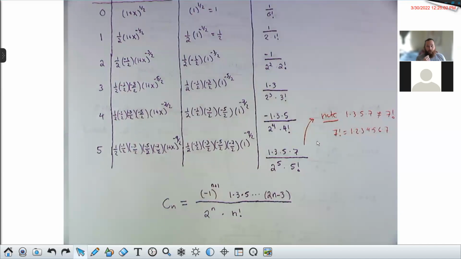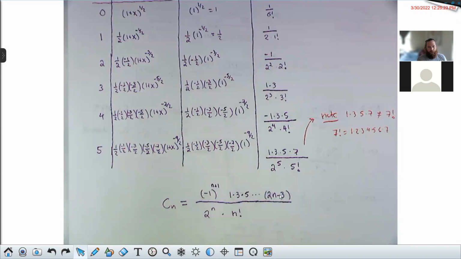And that is your formula for the nth Taylor coefficient, with one tiny caveat. This formula makes sense if n is bigger than 2.